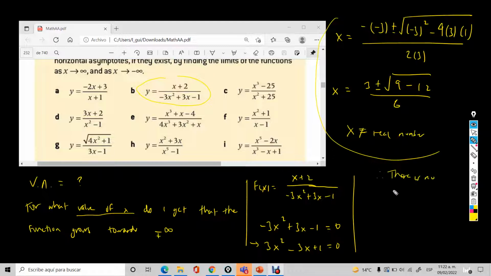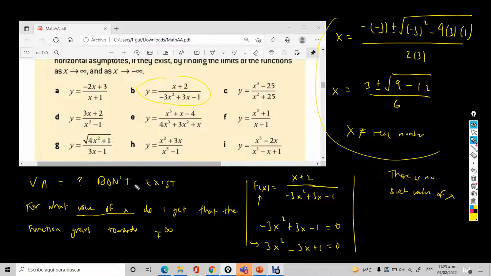There is no such value of x for which this is 0, and therefore nothing will produce an output of infinity in this function, guys. No value of x will make the function grow either towards minus infinity or plus infinity. So conclusion, the vertical asymptotes don't exist, according to my analysis, because I couldn't find the answer to these questions. You see, it doesn't exist.